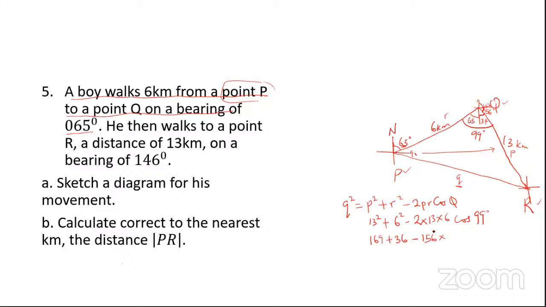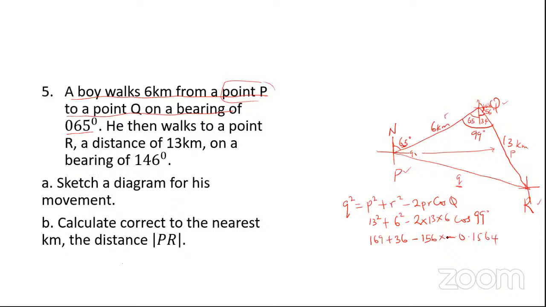And what is cos 99? If you check your four-figure table or calculator, cos 99 is minus 0.1564.